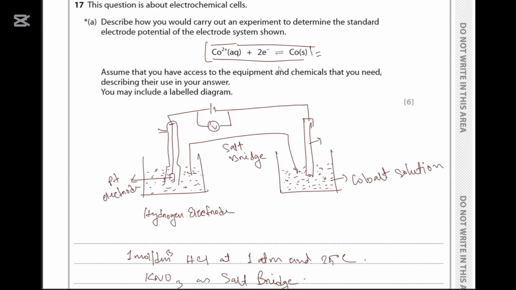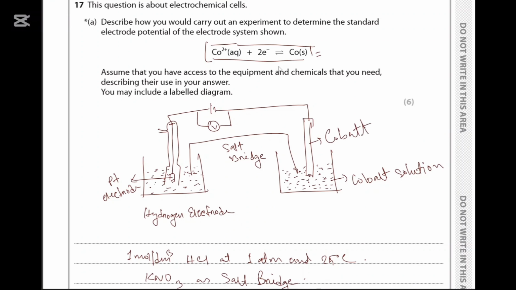It could be copper, it could be cobalt, it's up to your wish. But since the electrode is cobalt, I would suggest that you use cobalt electrodes. So the electrode is cobalt.